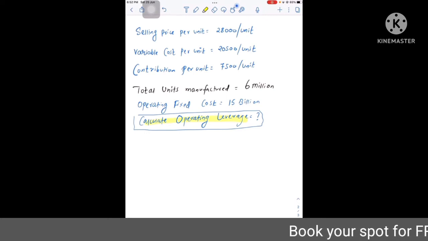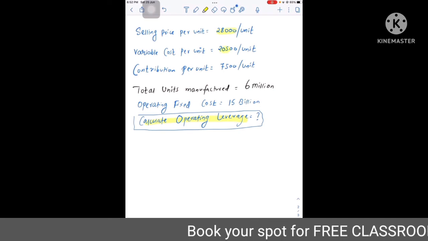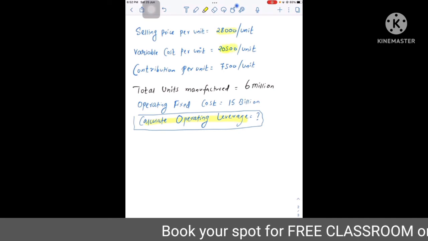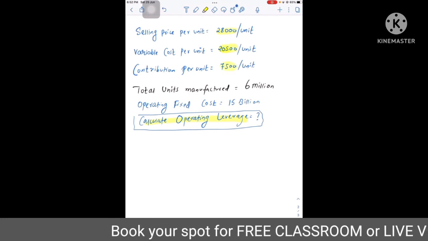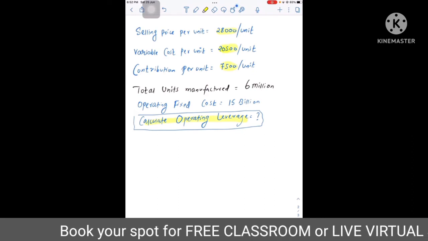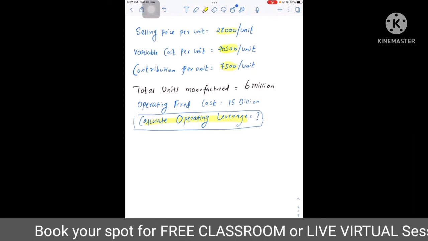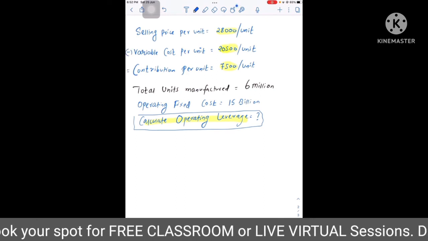Here you can see in this data, selling price per unit is 28,000. Variable cost per unit is given as 20,500, and contribution per unit is 7,500. Here you need some knowledge of the operating leverage topic. Selling price per unit minus variable cost per unit gives contribution per unit.